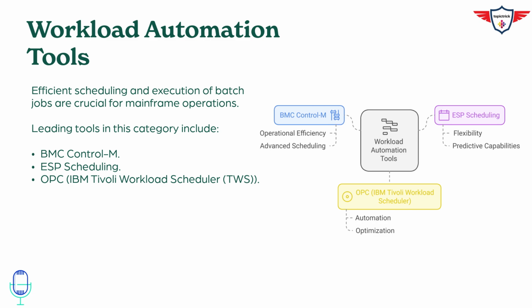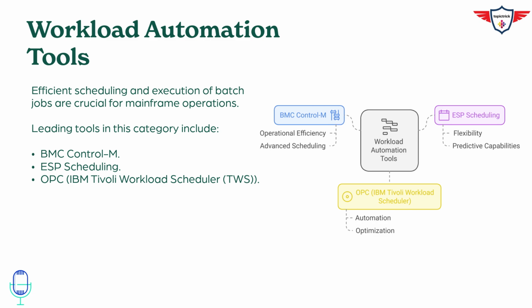And we also have ESP scheduling and OPC in the mix. Are these similar tools, each with its own kind of strength? They are. ESP scheduling is known for its flexibility and its predictive capabilities. So it allows for sophisticated scheduling scenarios based on a variety of factors. And then OPC, or IBM Tivoli Workload Scheduler, is another powerful tool.